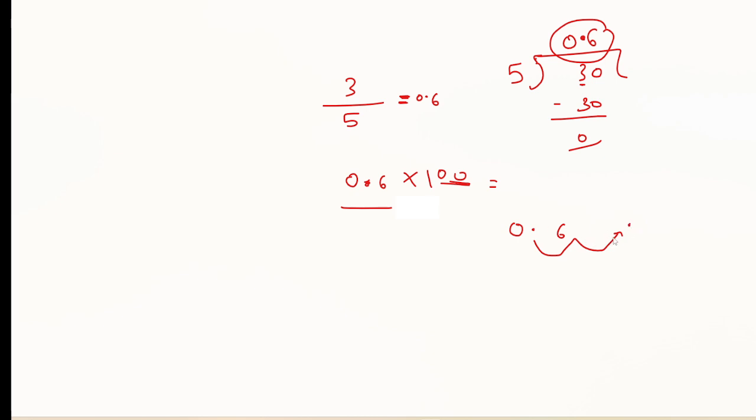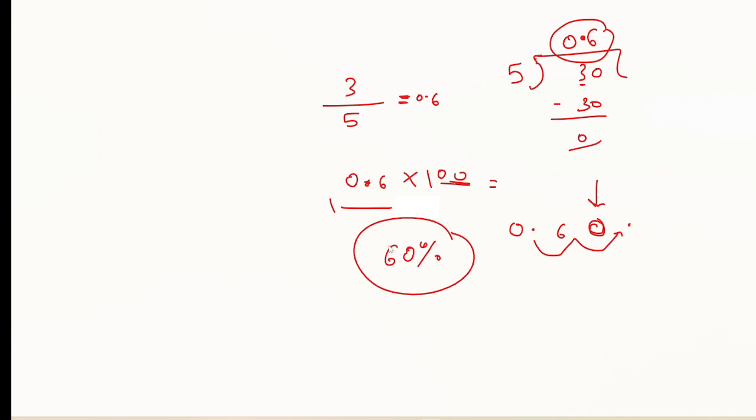Now there is no digit, so I'll have to put a 0 there. So this will become 60 point, and this point does not matter, so you can just erase it. So we got 60%. That's how we convert a decimal into a percentage.